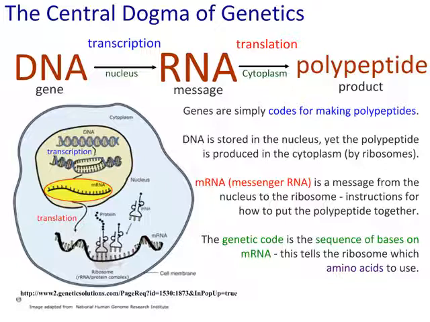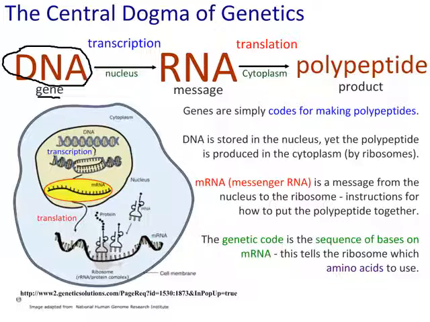So what we refer to as the central dogma of genetics, which is the main thing about genetics, is that your DNA has sequences of nucleotides along it that are organized into things called genes.